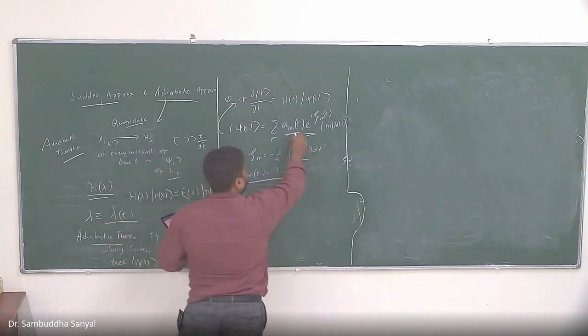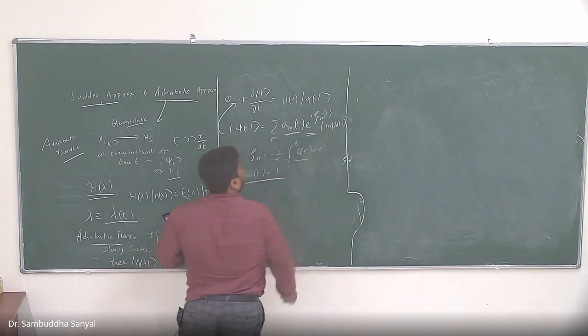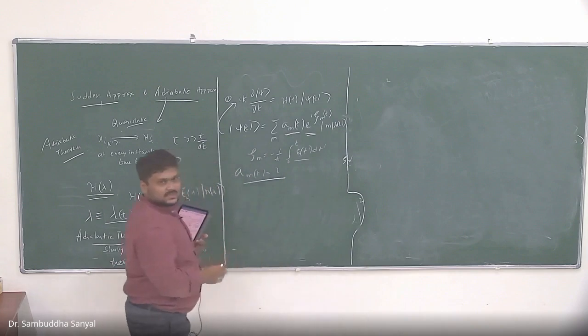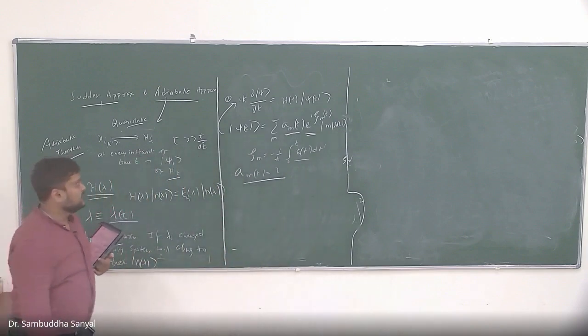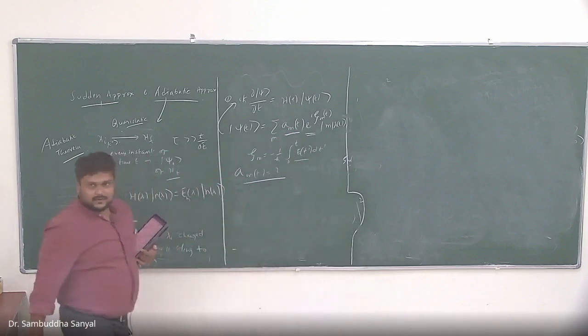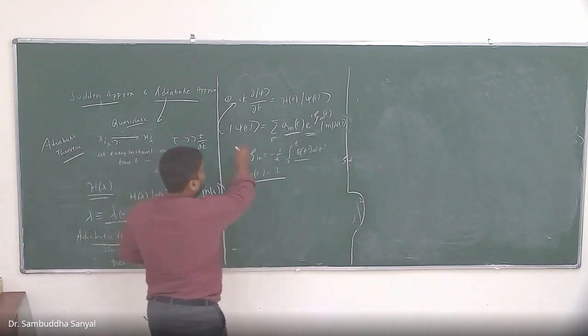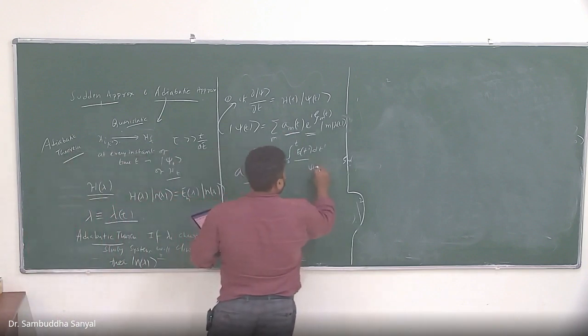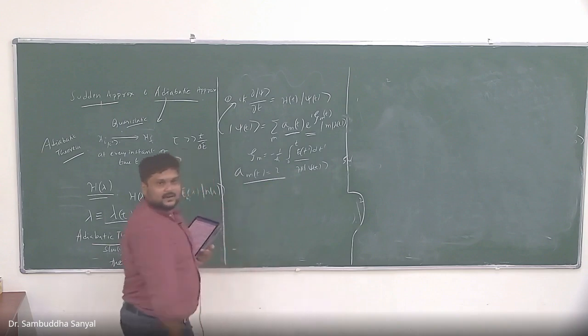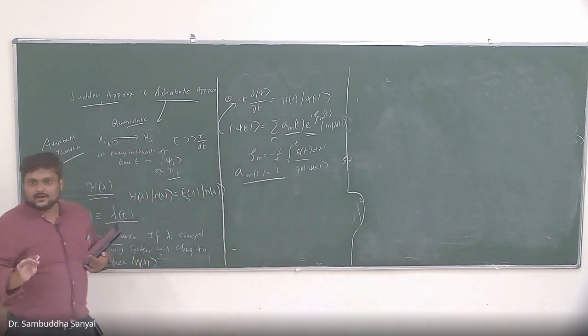Another part tells you this coefficient has a non-trivial time dependence. Then it is no longer an instantaneous eigenstate of that Hamiltonian, because if you apply H(t) to psi(t), you will not get E(t) times psi(t), because of that extra time dependence. Everybody got this point, right?